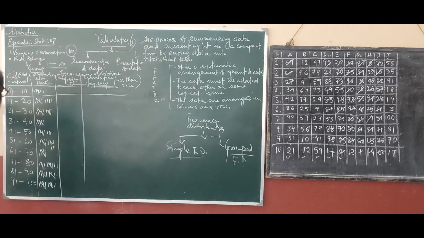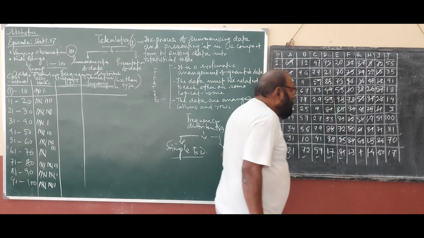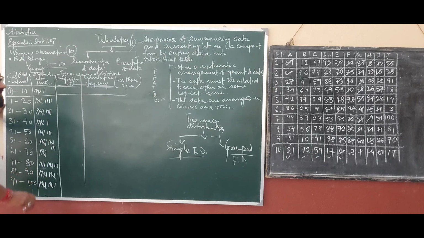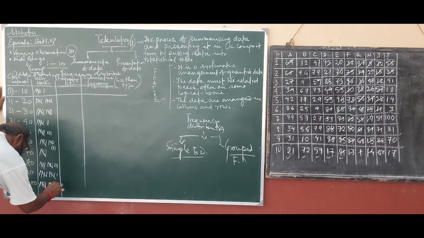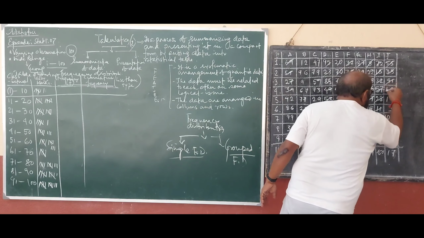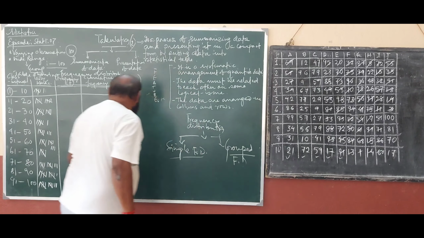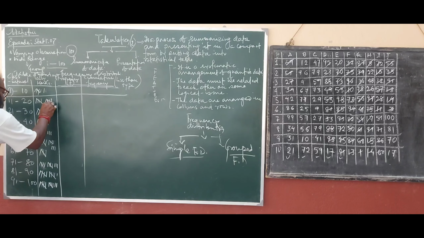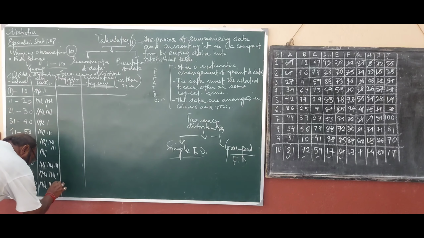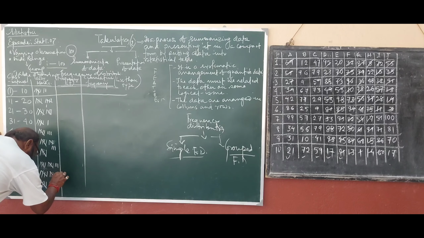Okay. 91, 18. 18 over here, here it is 91. 14, 3. 100 and it is 81.